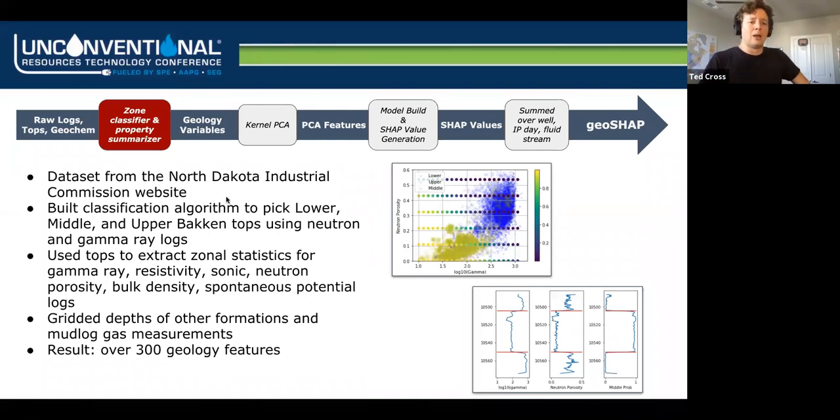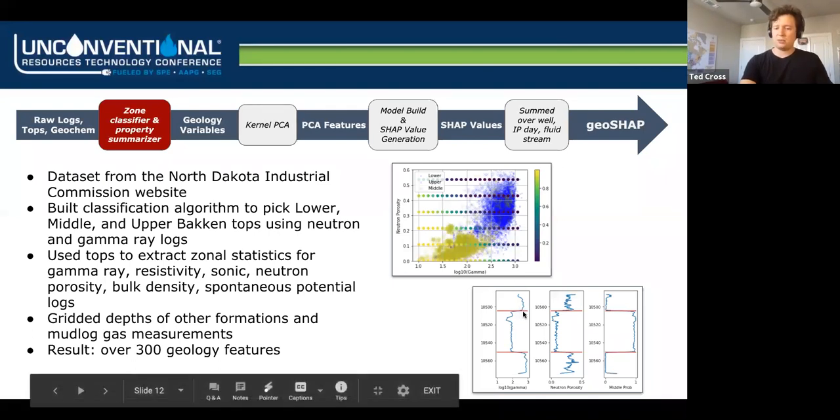But so here is a Novi Bakken model. We're working with data from the NDIC, the North Dakota Industrial Commission. Kieran built a classification algorithm to pick lower, middle, and upper Bakken tops using neutron or gamma ray logs.